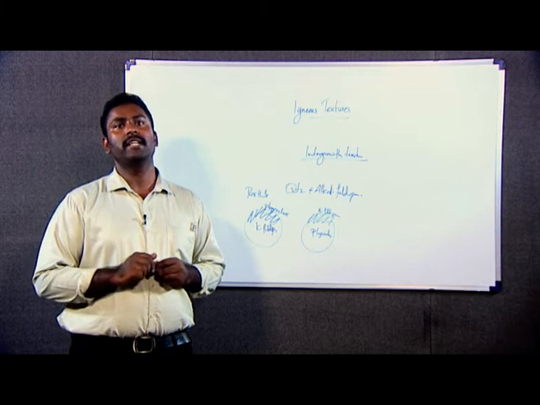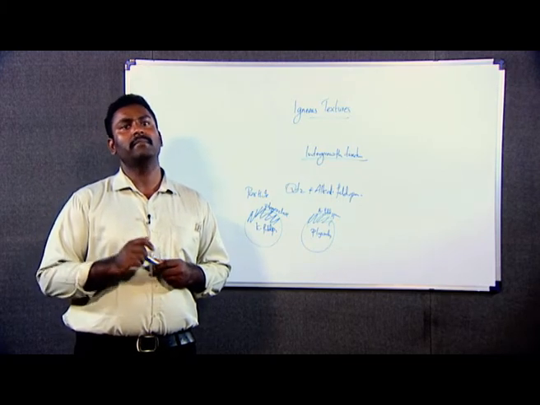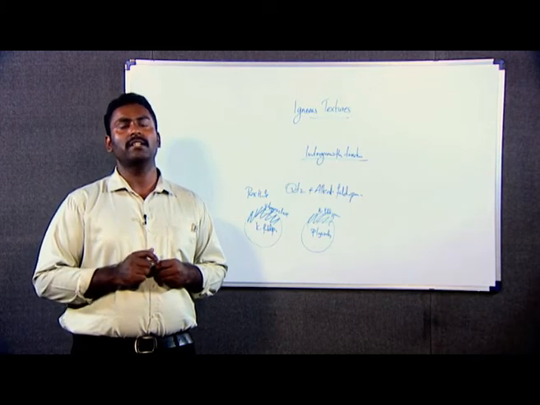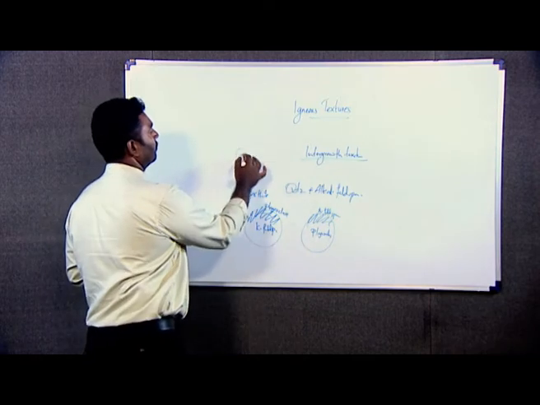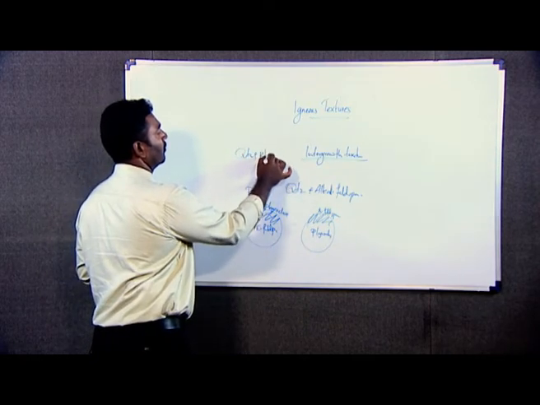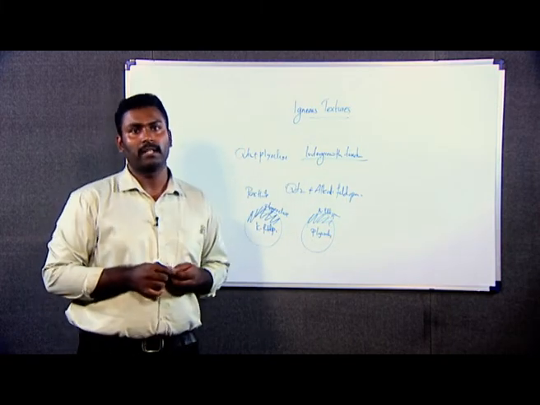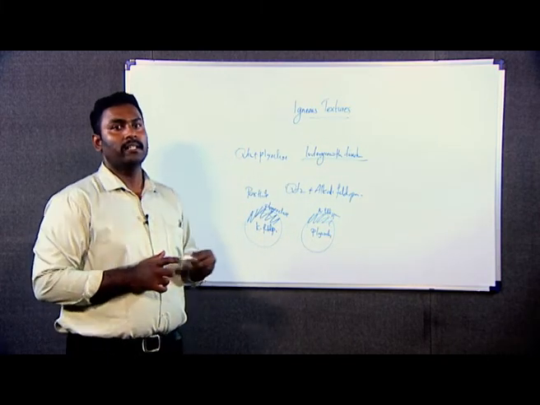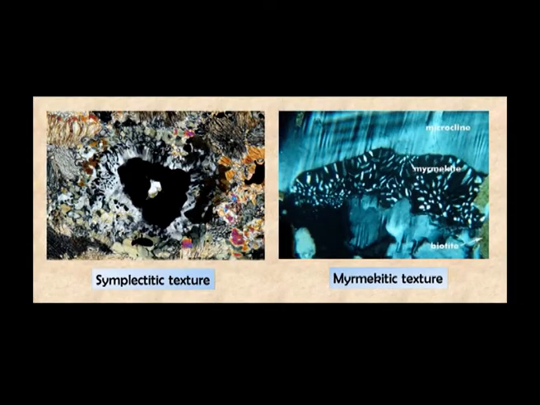An important variety of this symplectic texture is the myrmekitic texture. Myrmekitic texture is an intergrowth texture formed by the intergrowth between quartz and plagioclase feldspar. Here the vermicular nature is shown by the quartz. This diagram indicates the symplectic texture and myrmekitic texture.